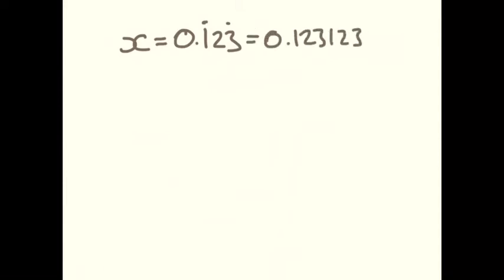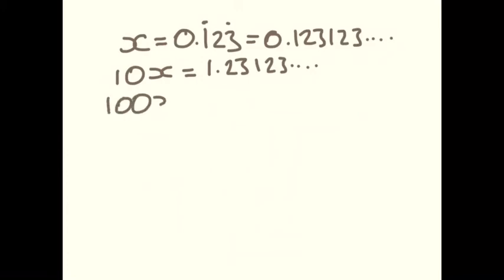If we have a longer one, let's go 0.123, and maybe it's the 123 that is recurring, so 0.123123, etc. We're going to do exactly the same kind of tricks. 10x won't work, that'll be just 1.23123. Different decimal part. 100x won't work either, that will be 12.3123.